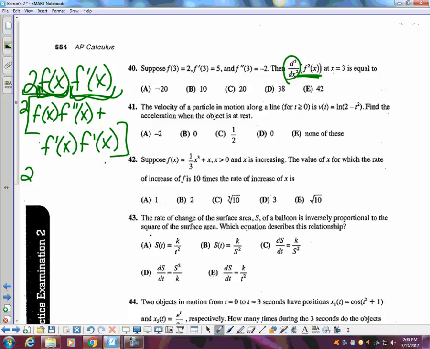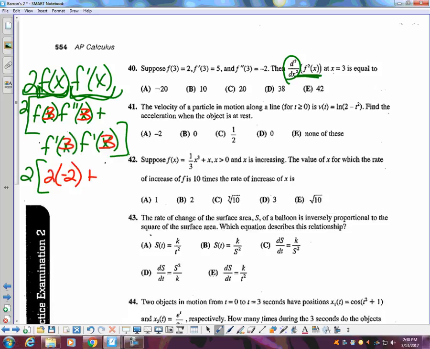Okay, so I got my 2. It's chilling. Now I'm plugging in a 3. So I'm plugging in a 3 here and here and here and here. So what's f of 3? Okay, so 2 times. What's f double prime of 3? Negative 2.